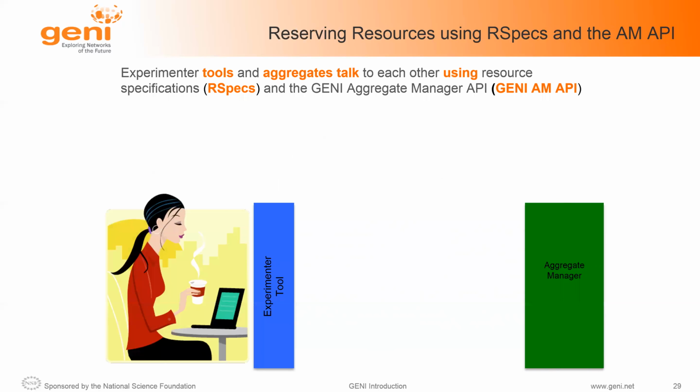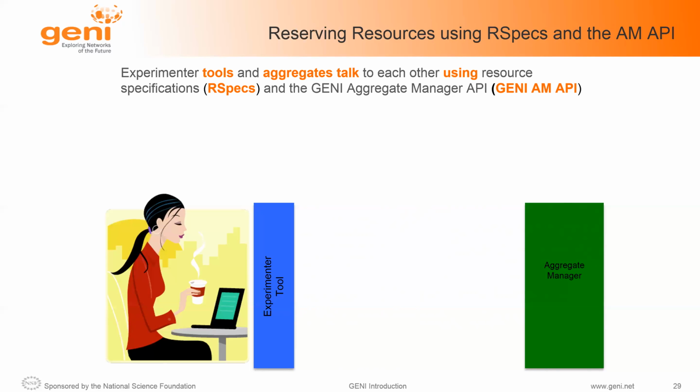So reserving resources, basically, you have these experimenter tools, and the RSpecs are used on the back end to talk to the aggregates. So what happens is you say that you want a VM in a particular aggregate. The RSpec is set up so on the back end, there's a query to the aggregate to figure out whether that resource is available before it is released to your particular slice.